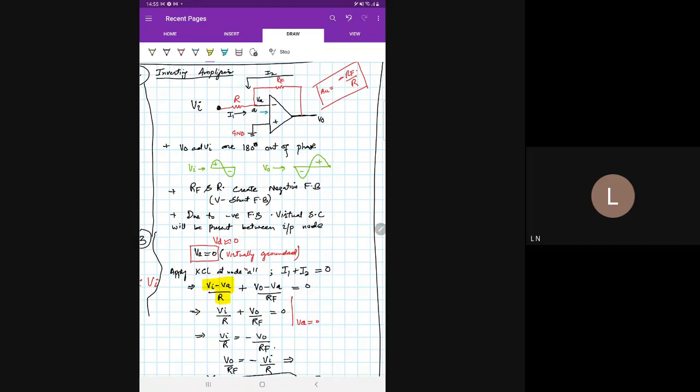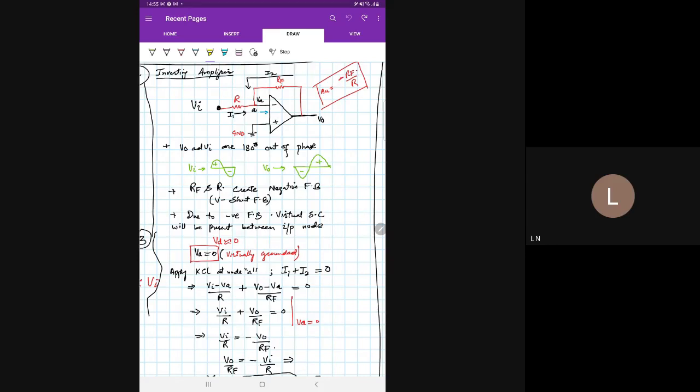It is equal to V output minus VA divided by RF, the difference in voltage divided by the resistance of the path. That will be equal to 0.